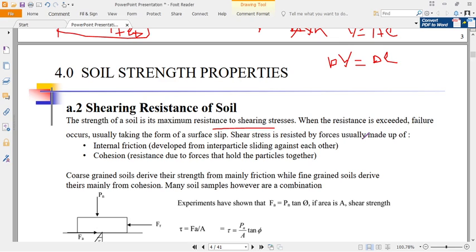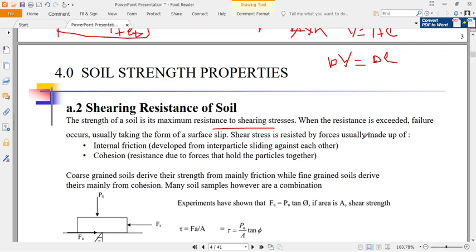When you resolve the force, this is the applied normal force, but there is also a shearing force being applied, a pulling or pushing force on the soil. Is that okay? You have this normal force seated on the soil and a pulling force. In this section there will be a friction force in this direction.